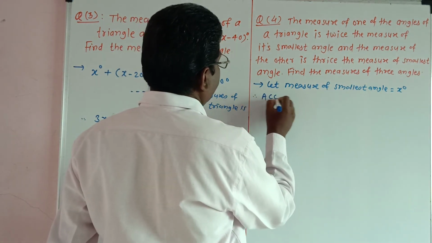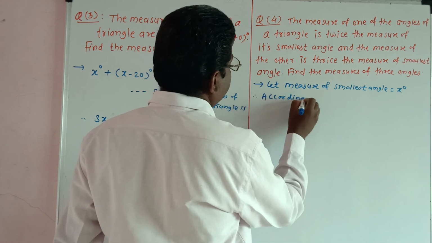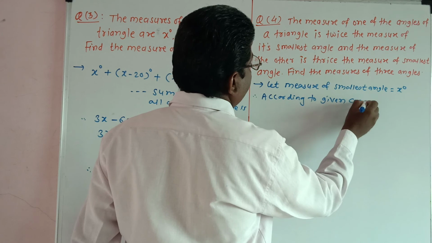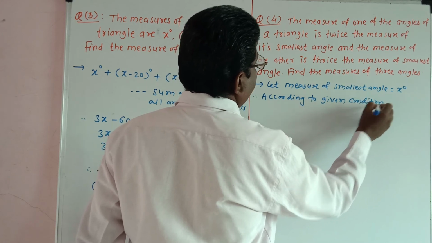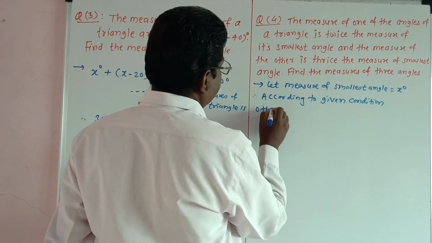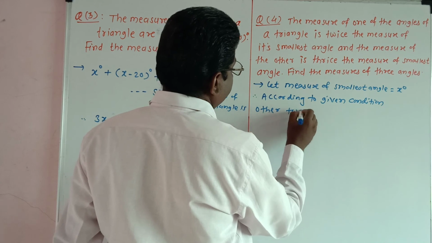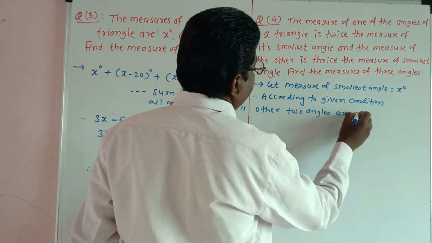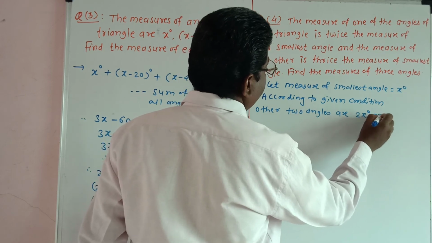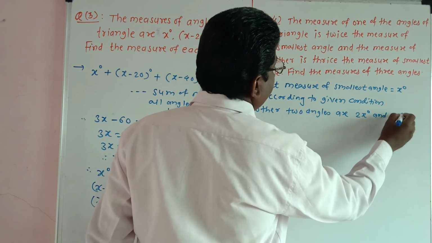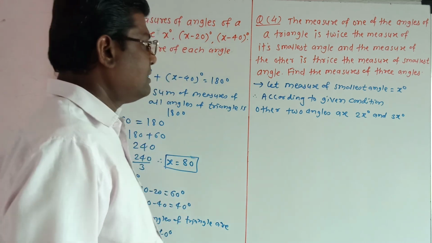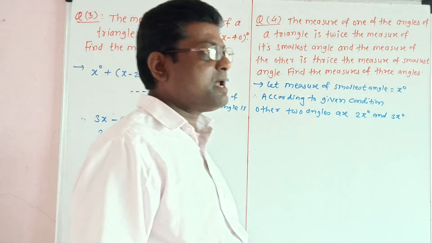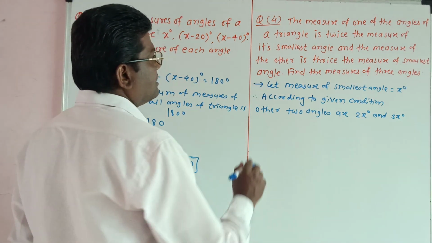Therefore, according to the given condition, the other two angles are 2x degree and 3x degree. Now we know that the sum of measures of all angles of a triangle is 180 degree.